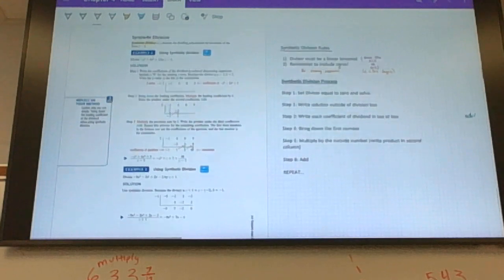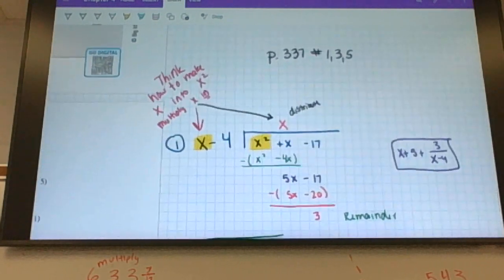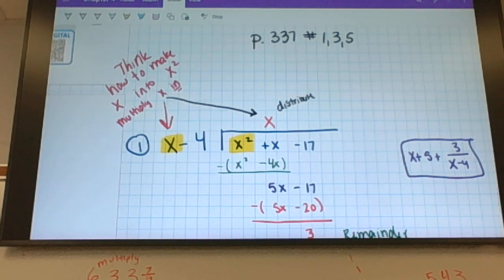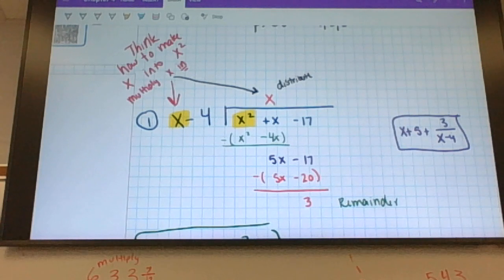So basically, you just start off like x squared minus 1. Wait, Miss, can you go back to the equation you did?